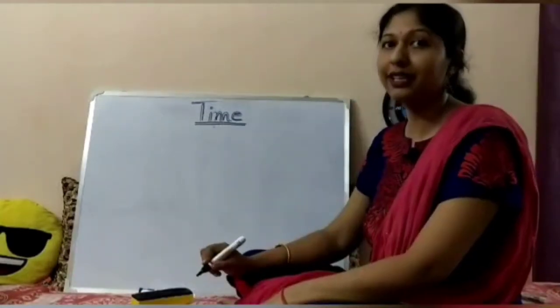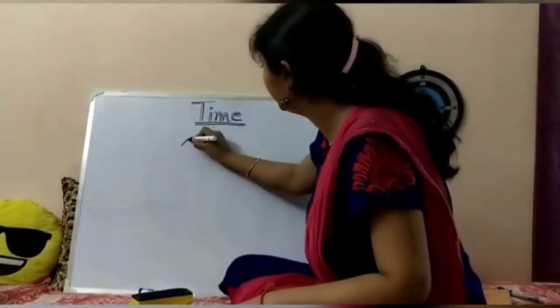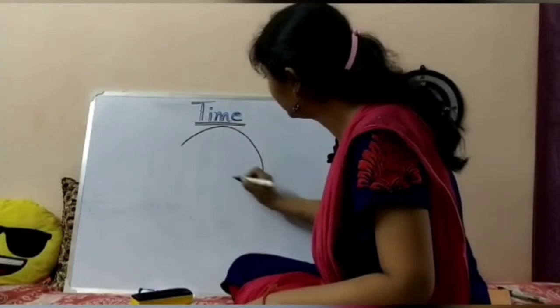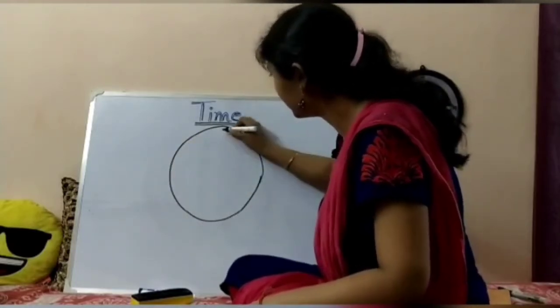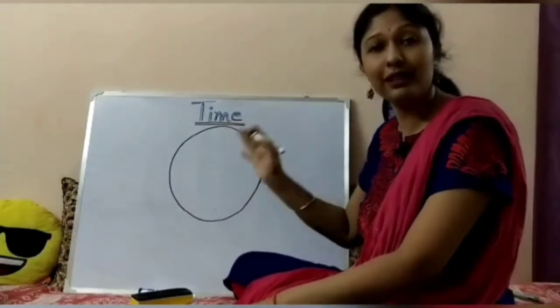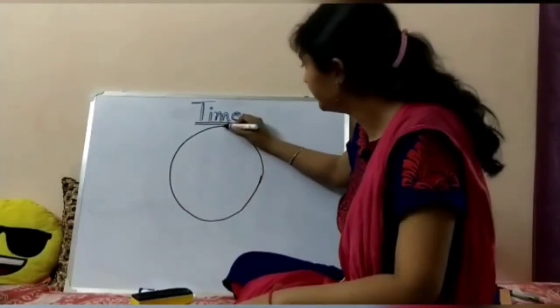First we will draw a circle. And this circle we will divide into 4 parts.